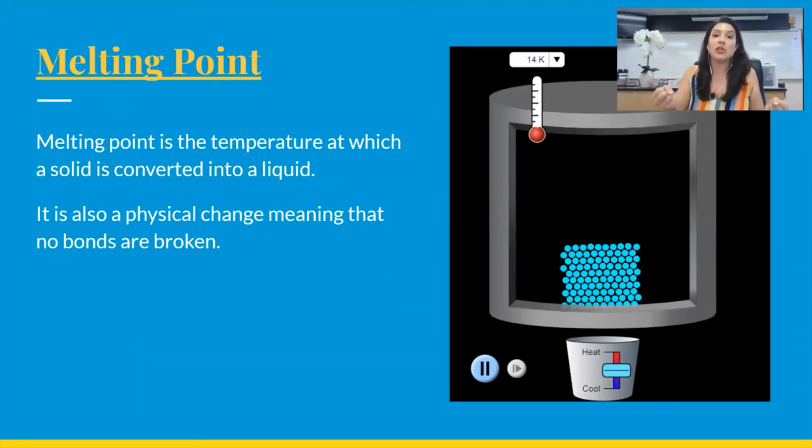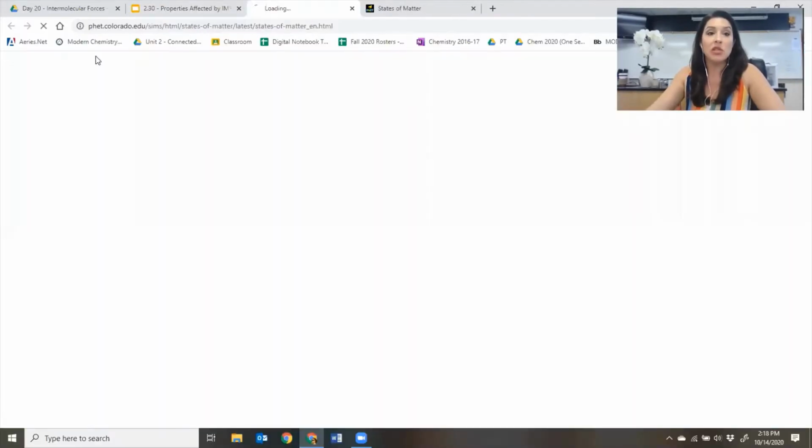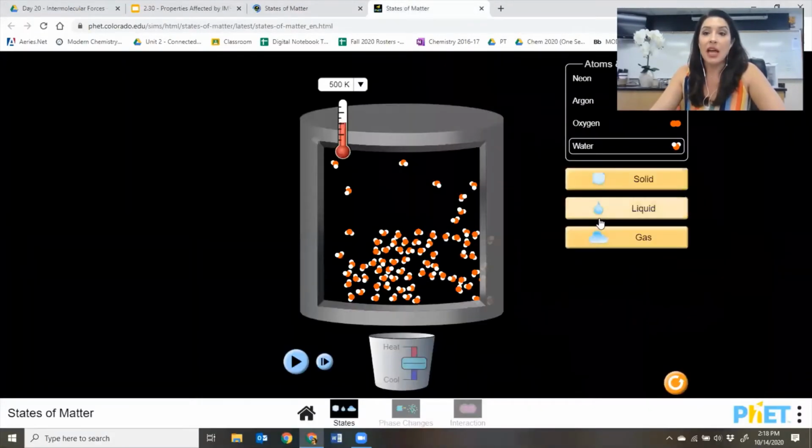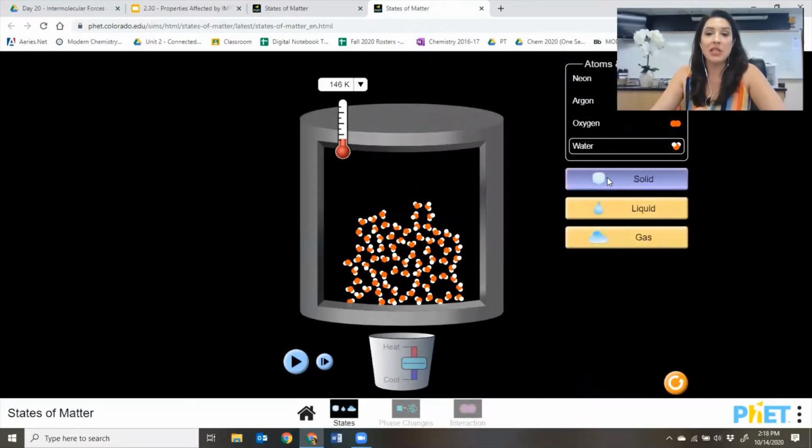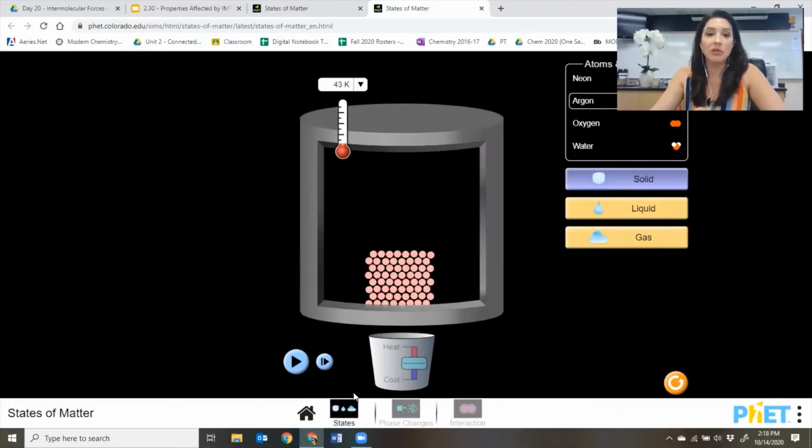Now, this is the energy that it takes to convert something from a solid form to a liquid form. So it's the temperature at a standard pressure at which solids are converted into liquids. It's also a physical change, once again meaning that no bonds are broken or formed. So let's take a look at what happens when I go from a solid, and I'll use a different molecule this time, to a liquid.